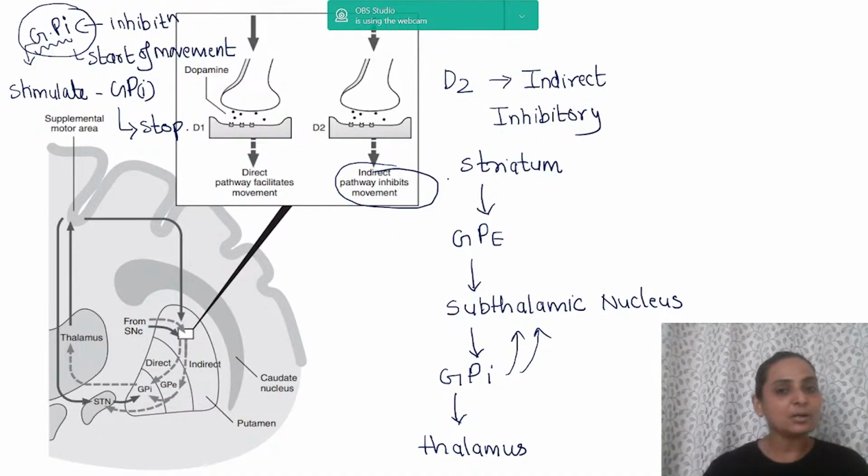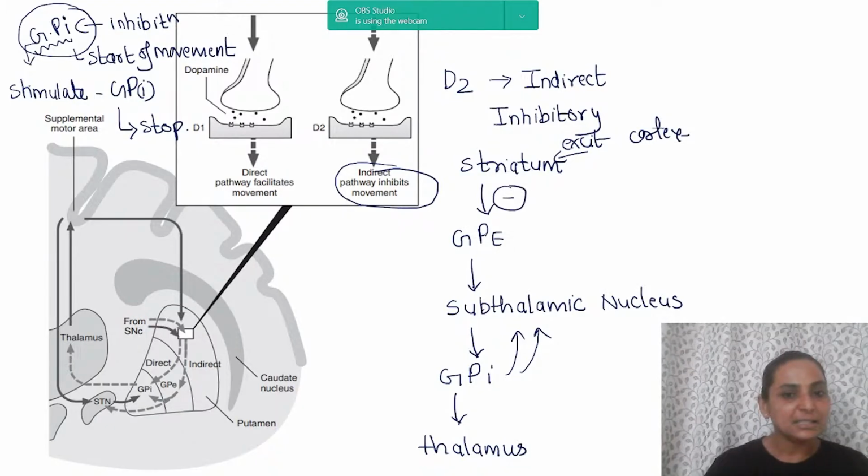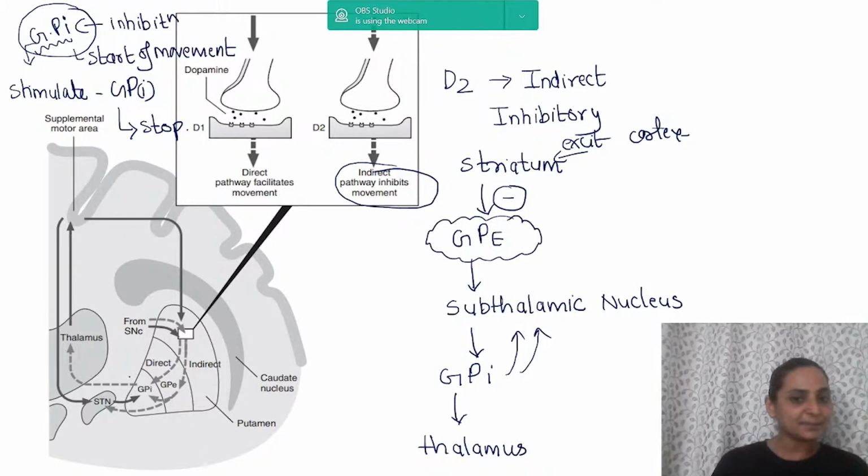So how is it going to occur? The striatum is again excited by the cortex. Once excited by the cortex, it will inhibit the globus pallidus external segment.